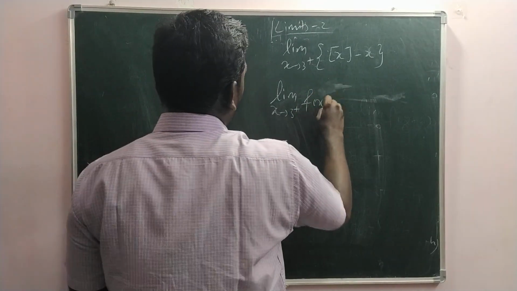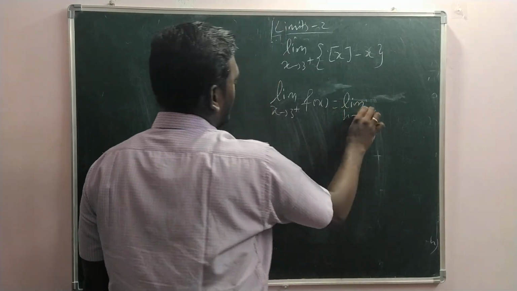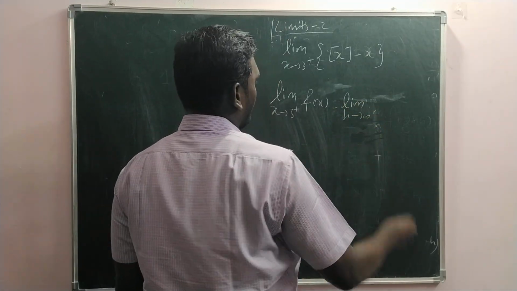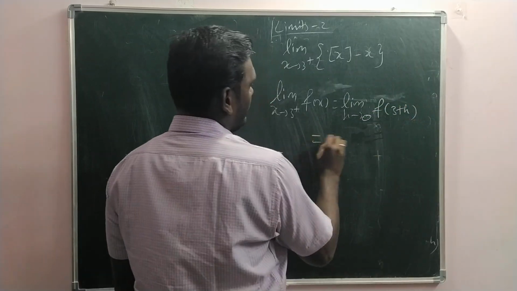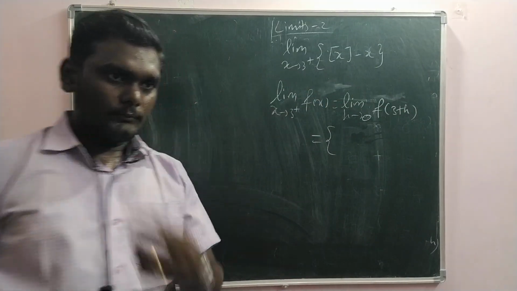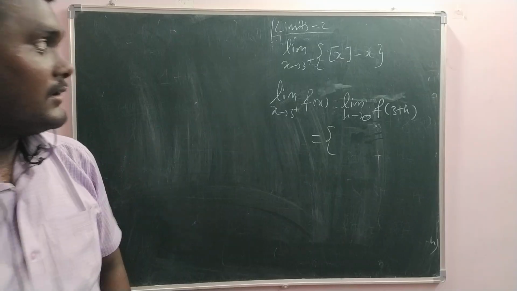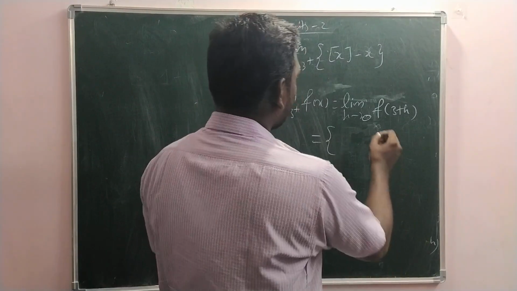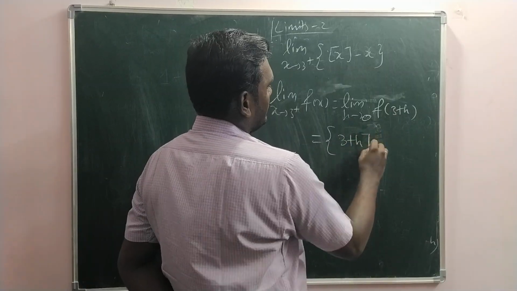Limit x tends to 3 plus f of x is equal to limit h tends to 0 f of 3 plus h. Then we'll get, see, this flower bracket means what? That is fractional part function.